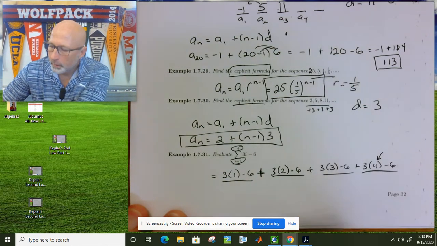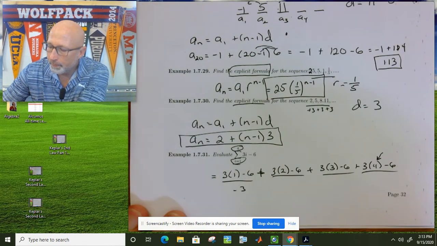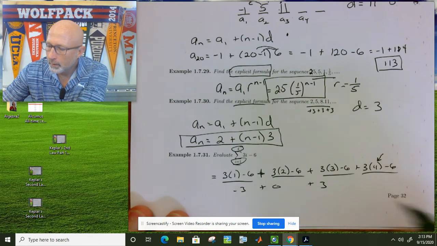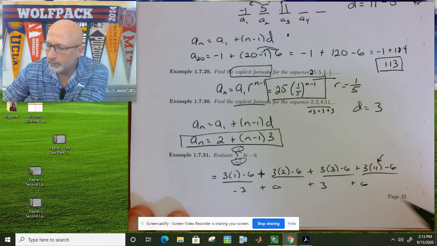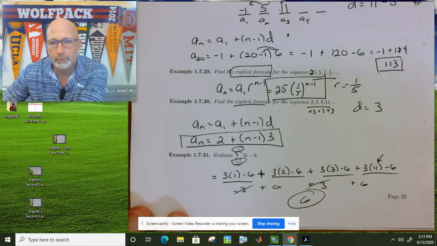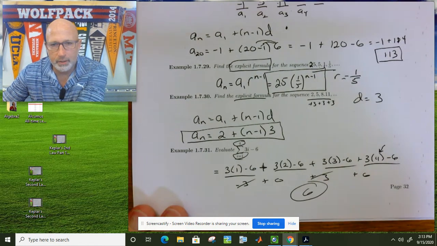The reason you stop is because 4 is where you stop, and I just plugged in 4. So this is negative 3 plus 0 plus 3 plus 6. Negative 3 and 3 cancel, so the answer turns out to be equal to 6.